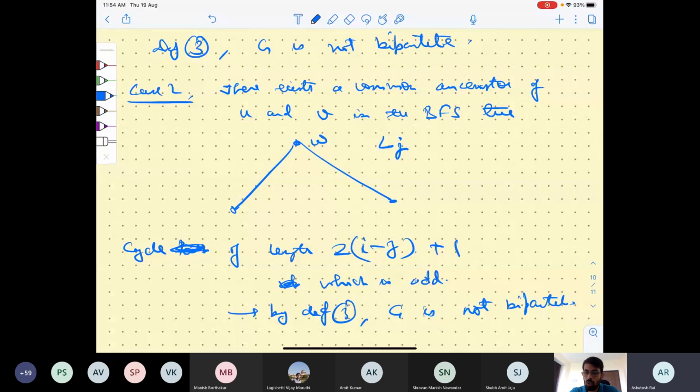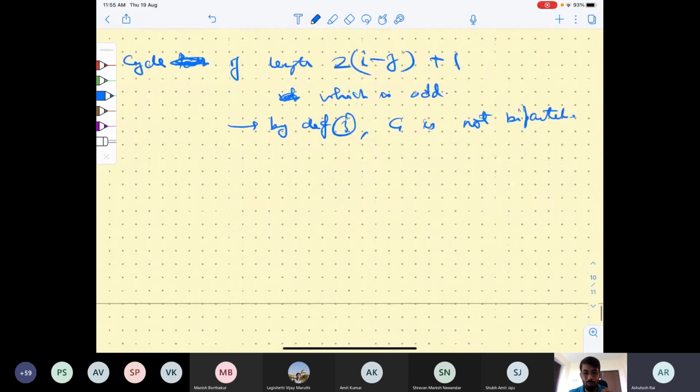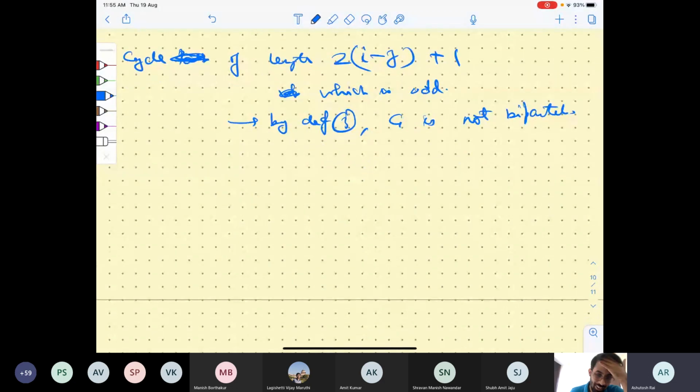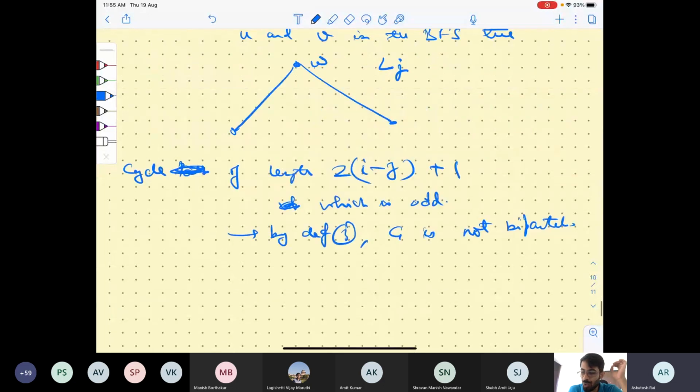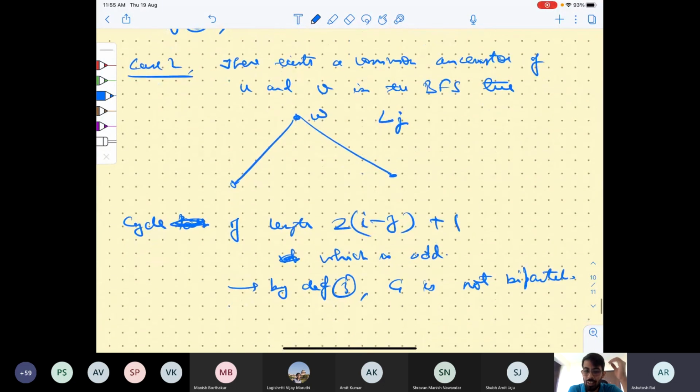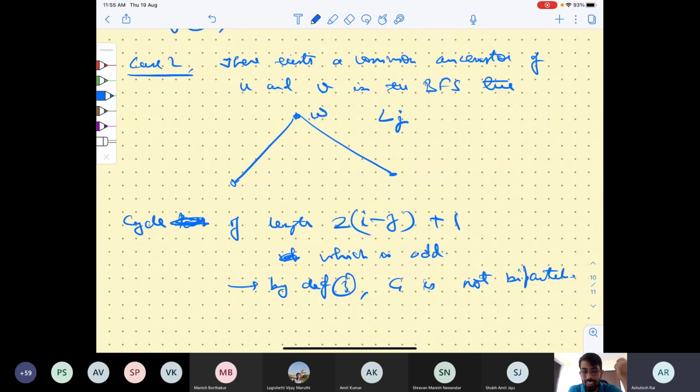About this common ancestor, in case 2, I just wrote that there exists a common ancestor, but how do you show that there exists a common ancestor? I just want to drill a bit more precision into it. If S is not there, then how do we say that there exists some other common ancestor?